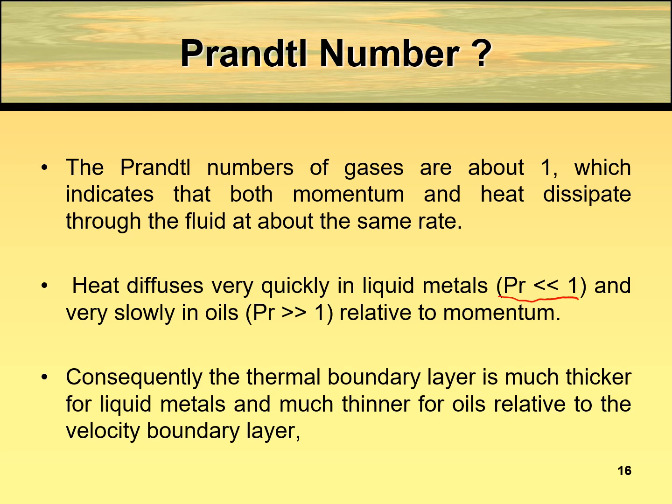When the Prandtl number is larger than 1, the heat diffuses slowly because the thermal diffusivity is lesser than the momentum diffusivity. Consequently, the thermal boundary layer is much thicker for the liquid metal and much thinner for the oil, relative to the velocity boundary layer.